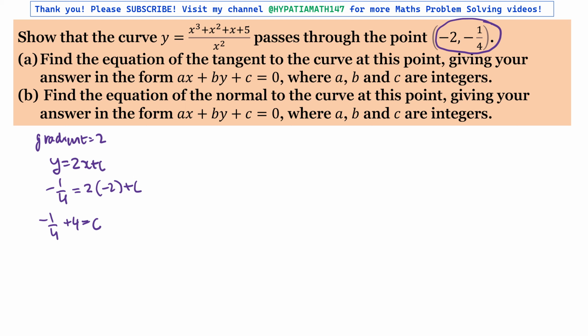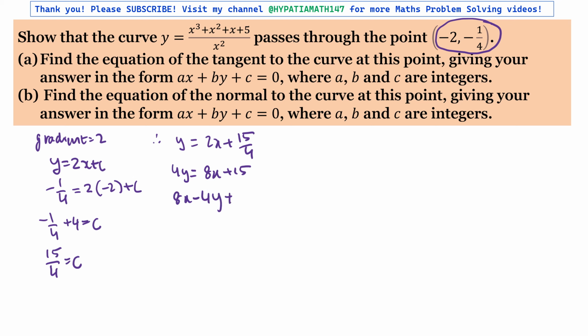So 16 minus 1, 15/4 is c. Therefore the equation is y equals 2x plus 15/4. Multiplying all by 4, 4y equals 8x plus 15, or we can write 8x minus 4y plus 15 equals 0, which is of the form ax plus by plus c.